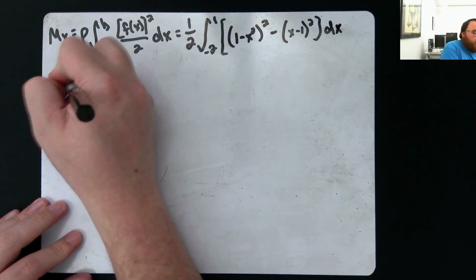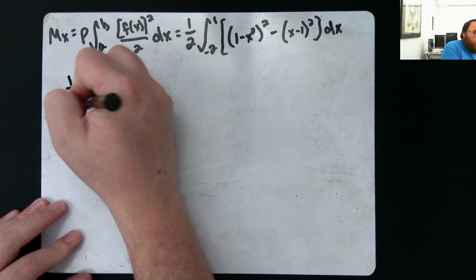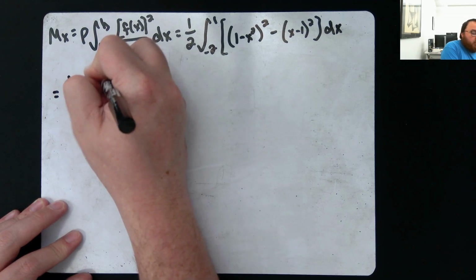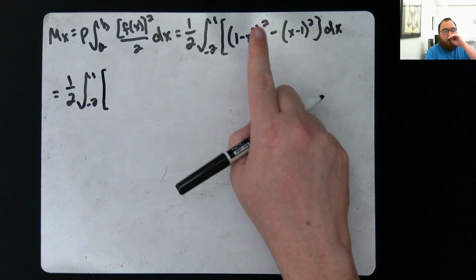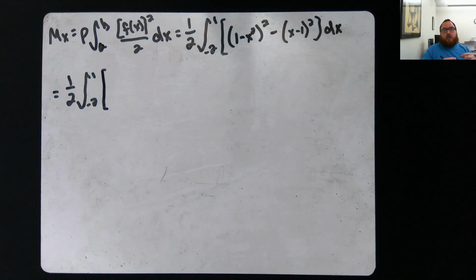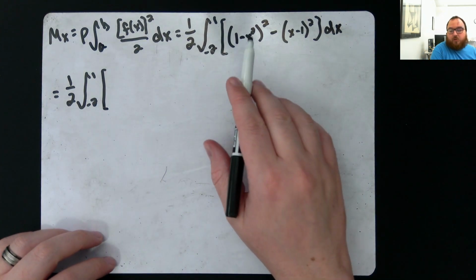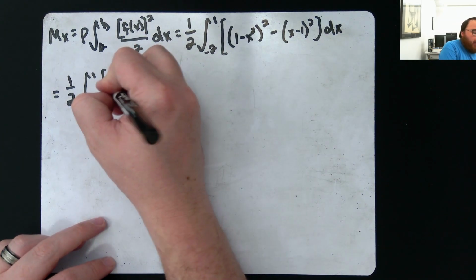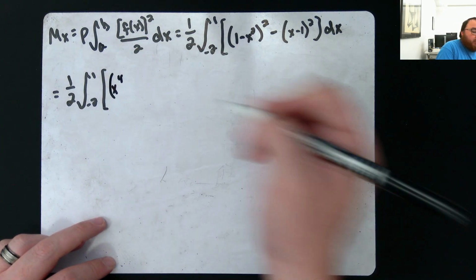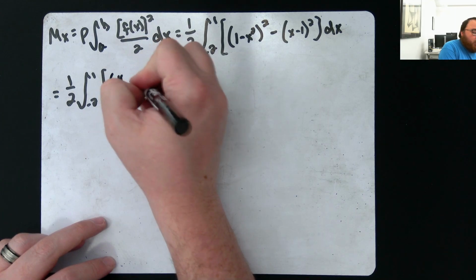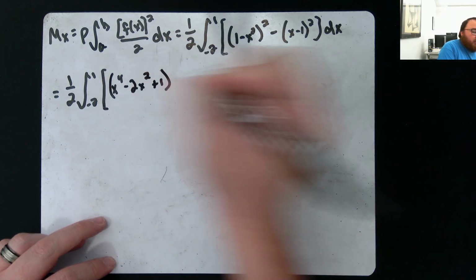So this is going to be equal to 1/2 integral -2 to 1. 1 minus x squared squared. Remember, whenever I square stuff, I've got to work it out twice, right? So I'm going to write it twice, times it all out. 1 minus x squared squared is going to be x to the 4th minus 2x squared plus 1.